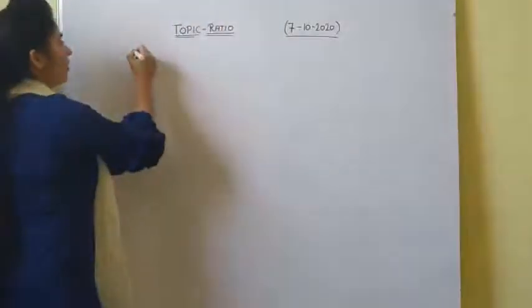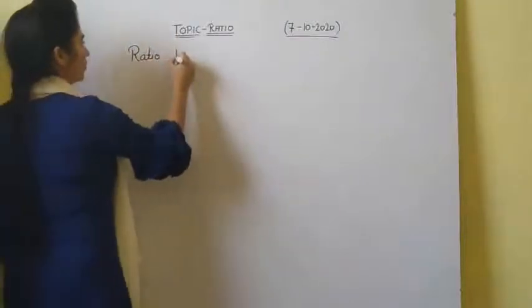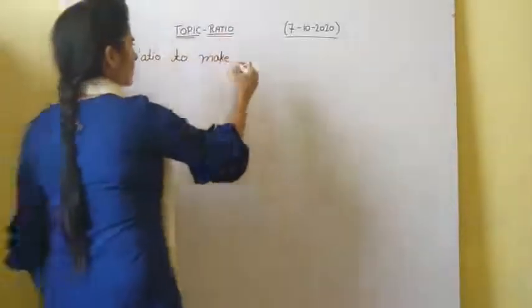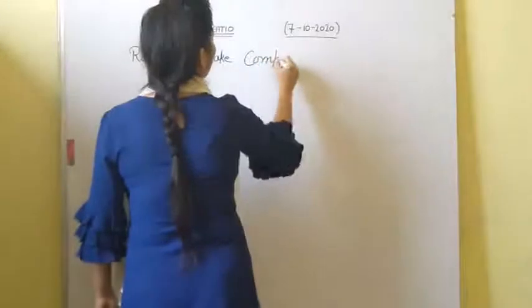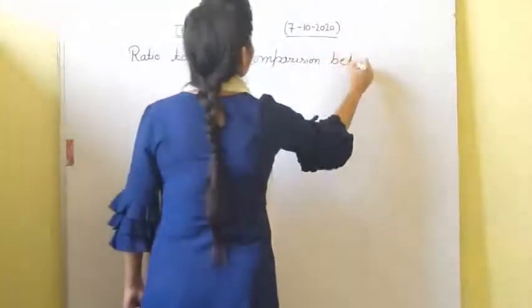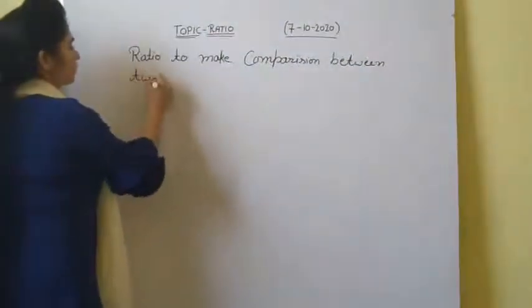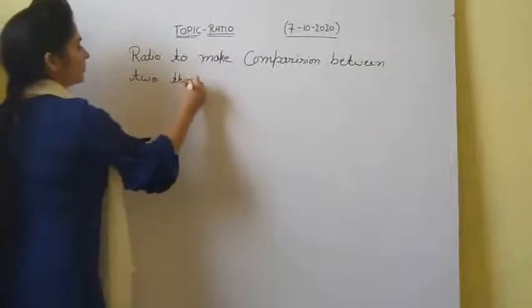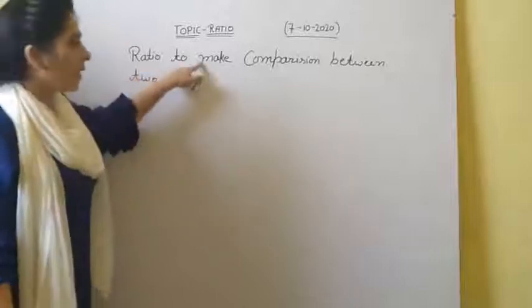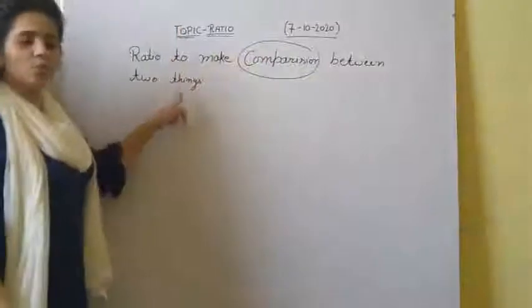So, ratio is to make comparison between two things.